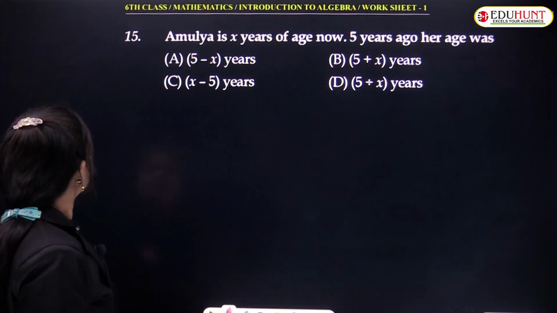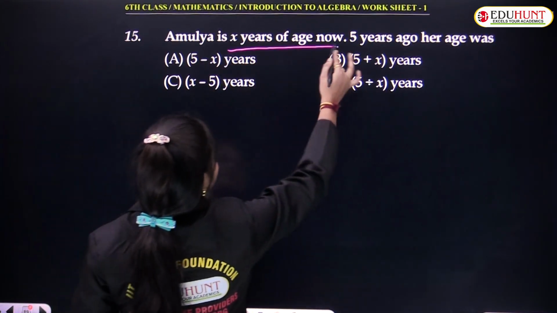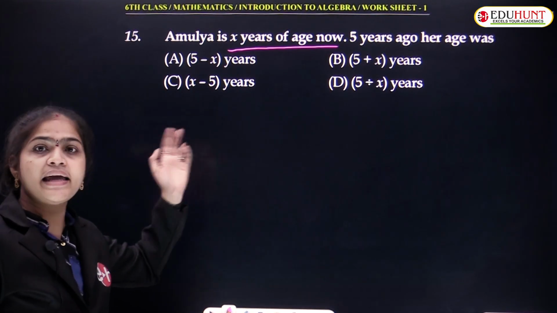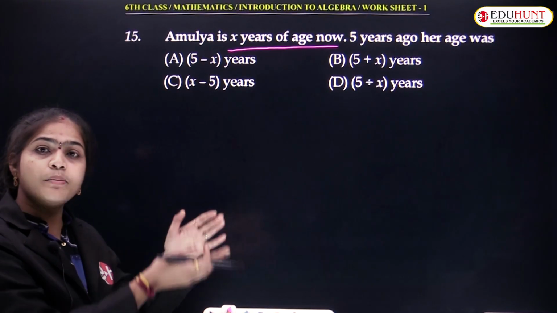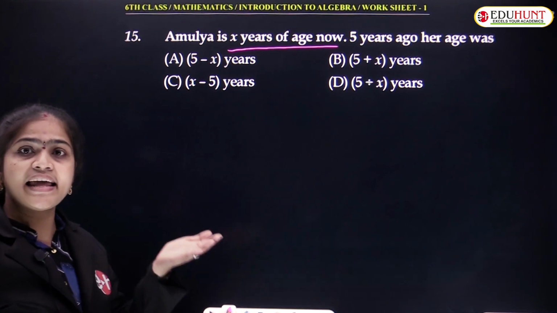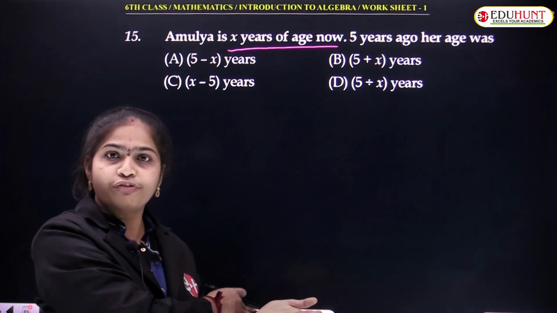Okay. Next, the 15th one, see that. Amulya is x years of age now. 5 years ago her age was... 5 years ago means 5 years back. 5 years back, what is her age? At present her age is 10 years. What is her age before 5 years?